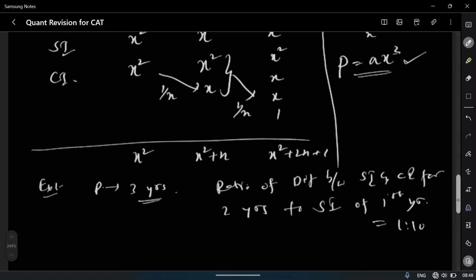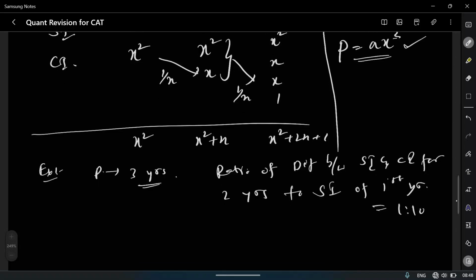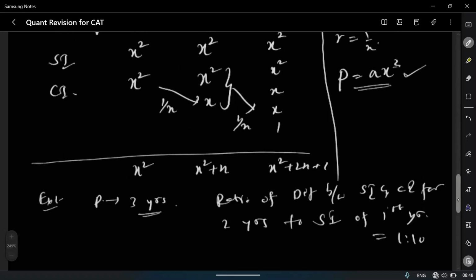From the previous concept, if you observe the given ratio of the difference between simple and compound interest for 2 years: for the first year simple interest is x square, and for the second year it is x square. So the total SI will be 2x square for the first 2 years, and total CI will be 2x square plus x for the second year.